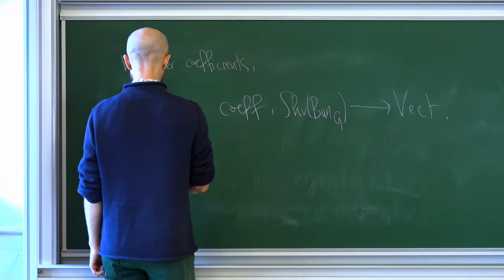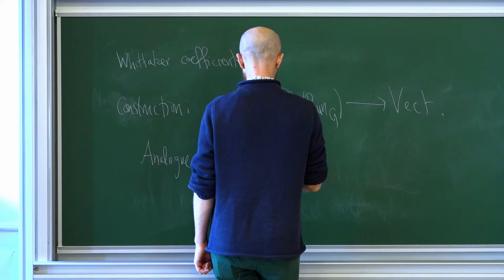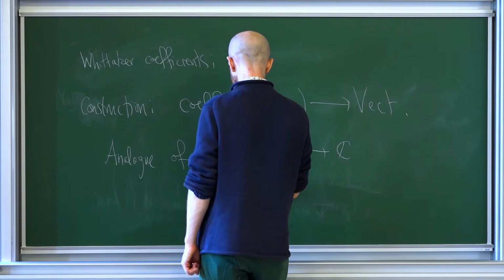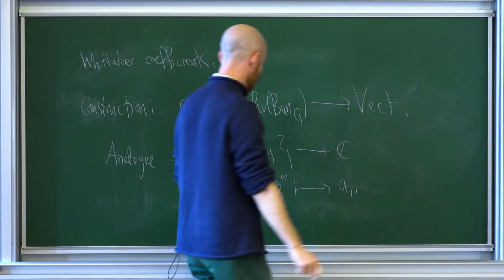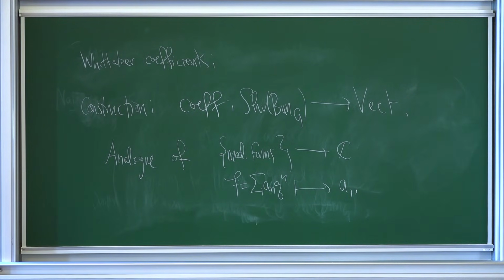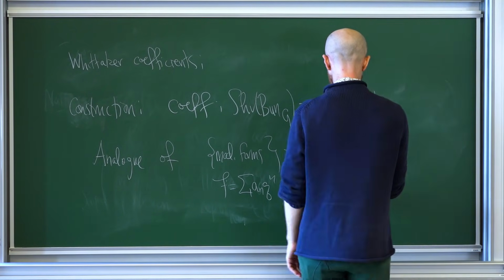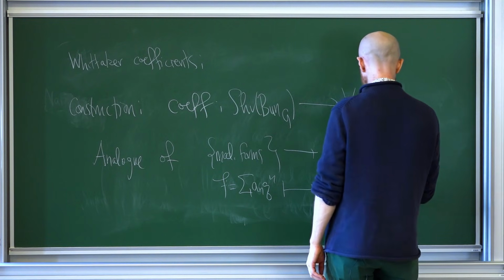What you should think is that this is the analog of the map from holomorphic modular forms to C, sending some f, which is maybe a sum of a_n q to the n, to its first Fourier coefficient, which itself is some kind of integral of f of tau e to the minus 2 pi i tau from 0 to 1.